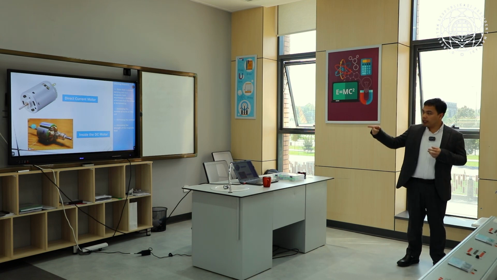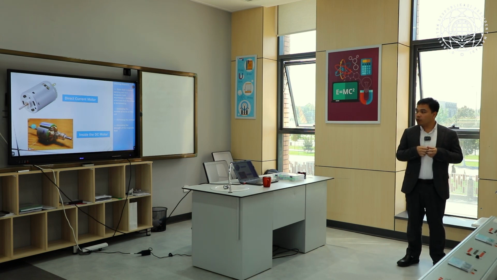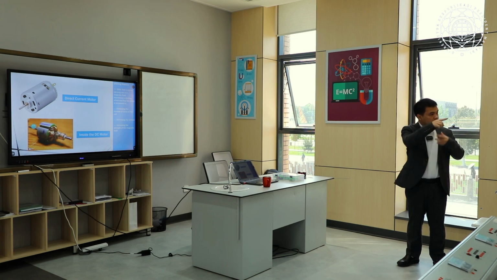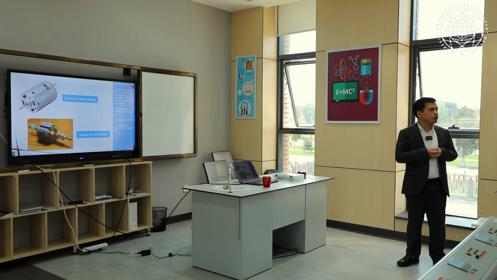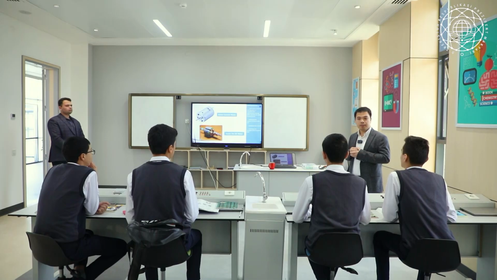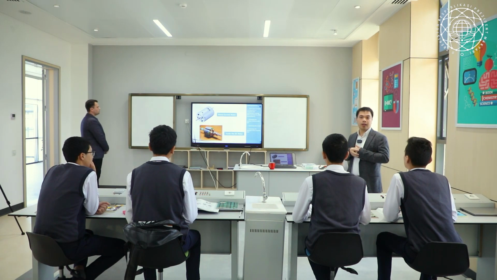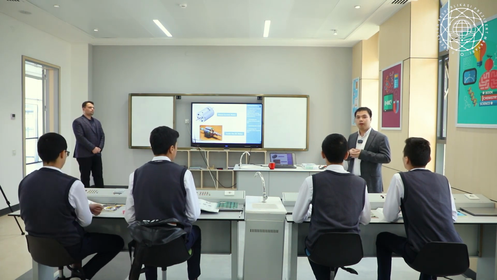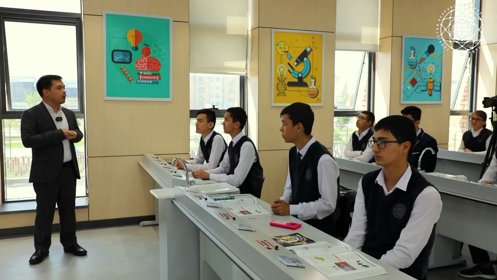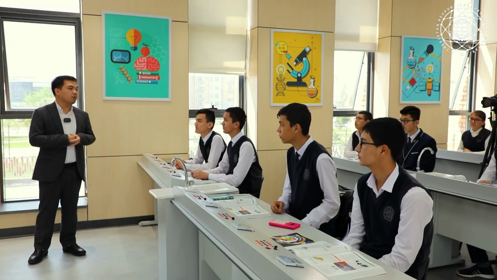If we open it, inside we will see that the DC motor contains something which has coils of wires. And how many coils of wire do you see? Is it many? Yes, it's many. Later we will understand why many coils of wire will increase the rotation of our motor.